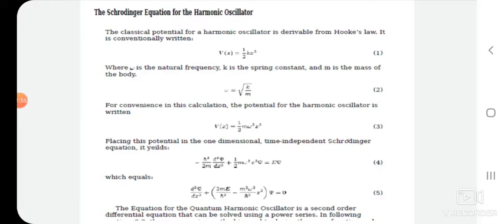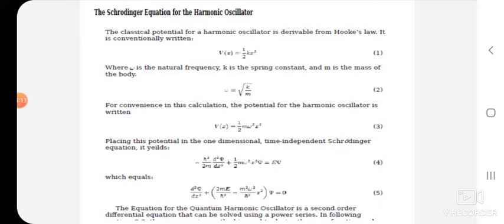If we substitute that value in equation 1, then for our convenience in the calculation, the potential for a harmonic oscillator is written V(x) is equal to 1/2 m omega square x square, because k is equal to m omega square.